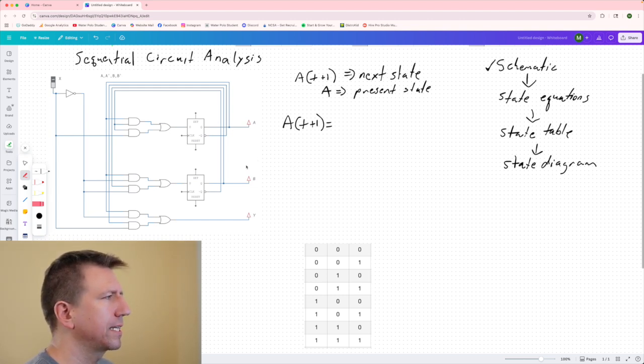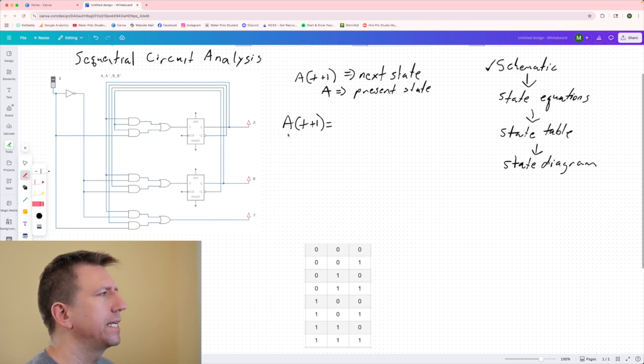The other thing to notice is that we have an input X, and then we have our two internal memory elements, which we're calling A and B, and then we have an output Y. And so we're going to generate an expression for A, B, and Y: A next state, B next state, and then Y itself as the output.